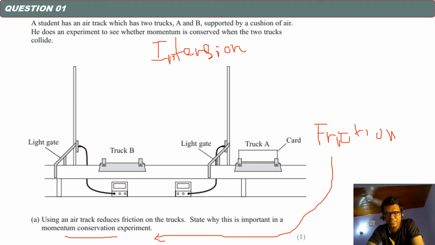What do we mean by closed? No external forces acting on the system. So if there's friction, the friction would be an external force. Can the momentum be conserved? No. So one of the conditions that we need to have is that there shouldn't be any external force. That's why we need to avoid the friction.